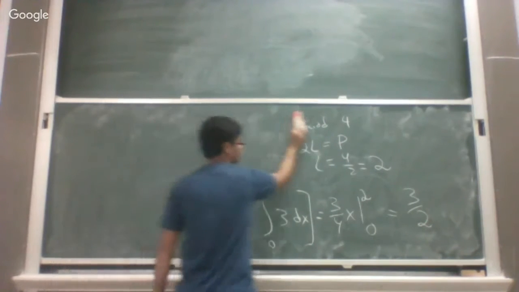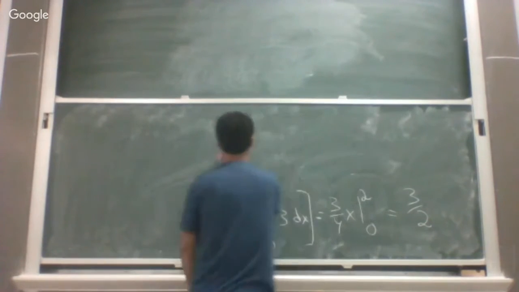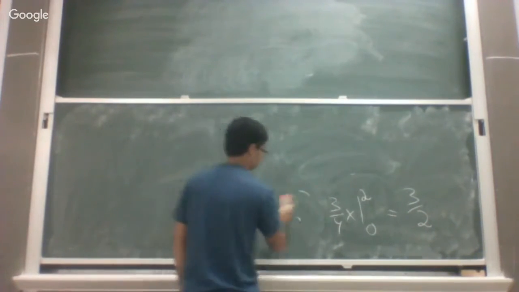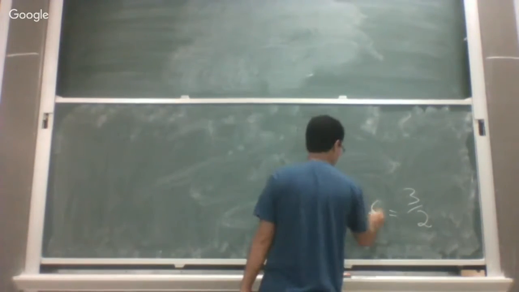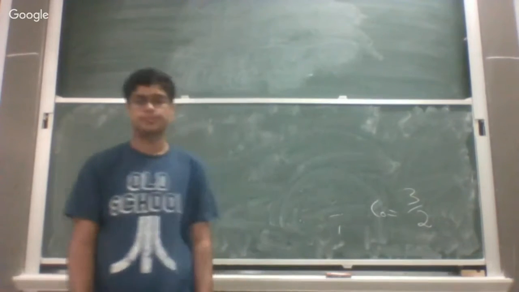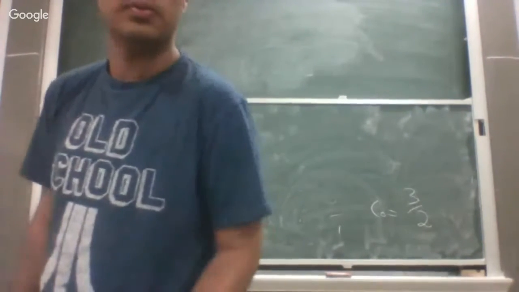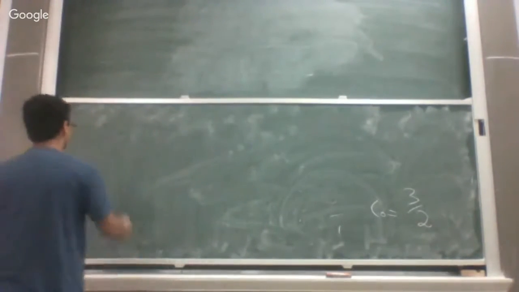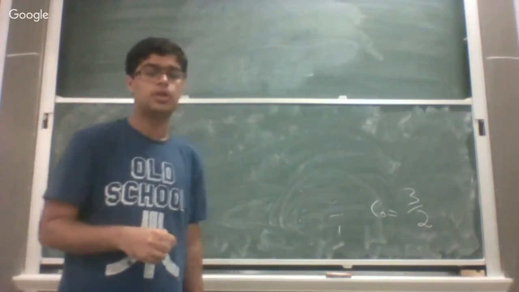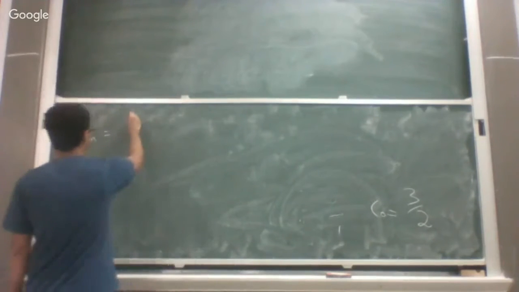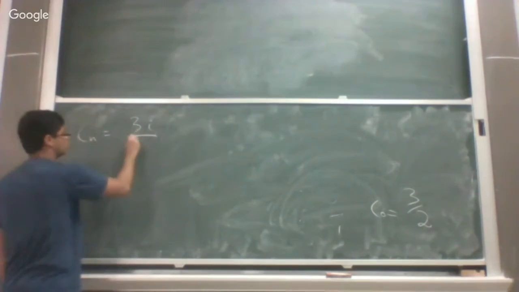We still need to know that our c sub naught is 3/2. So then our c sub n is equal to 3i over 2n i squared, right?